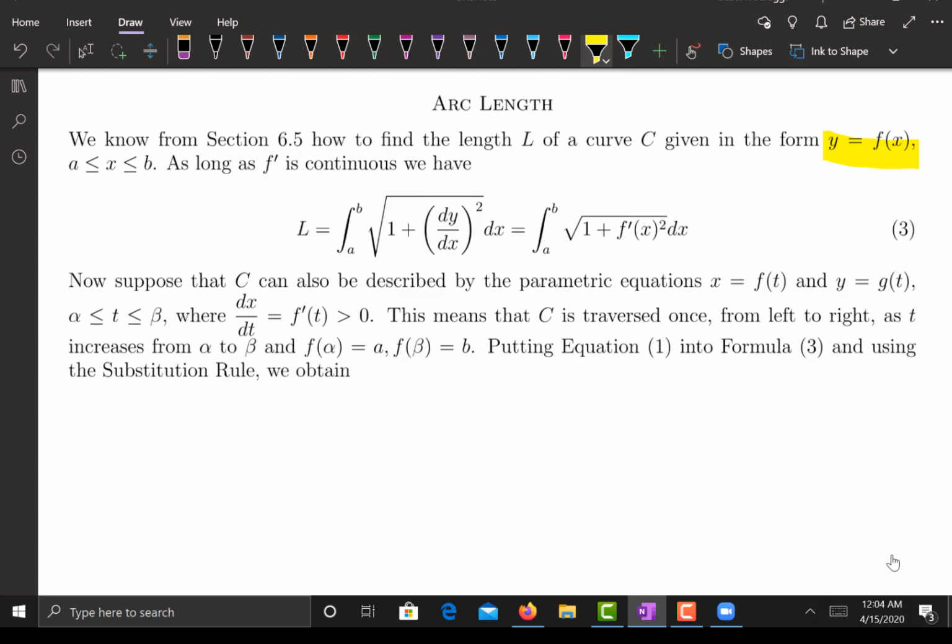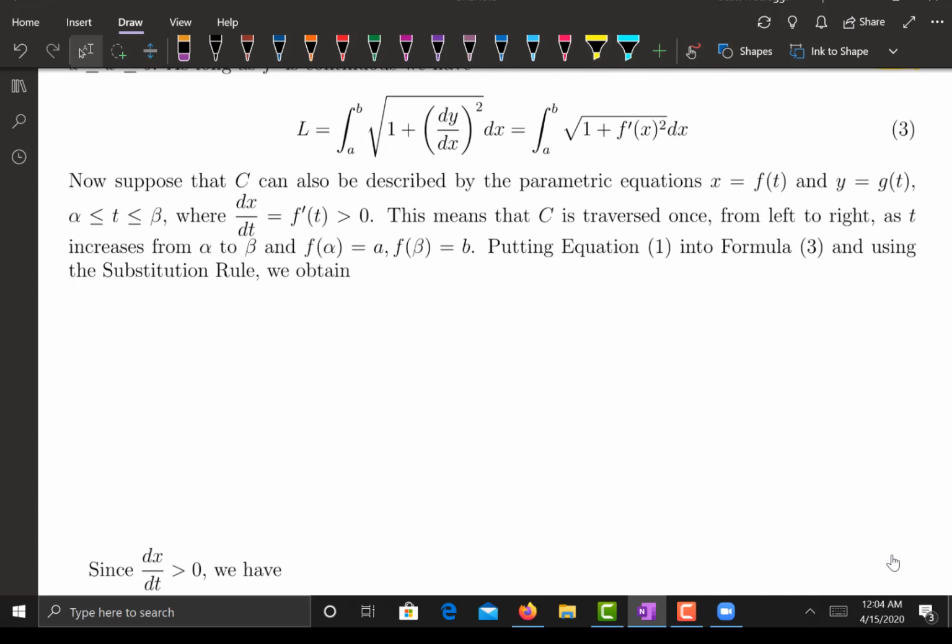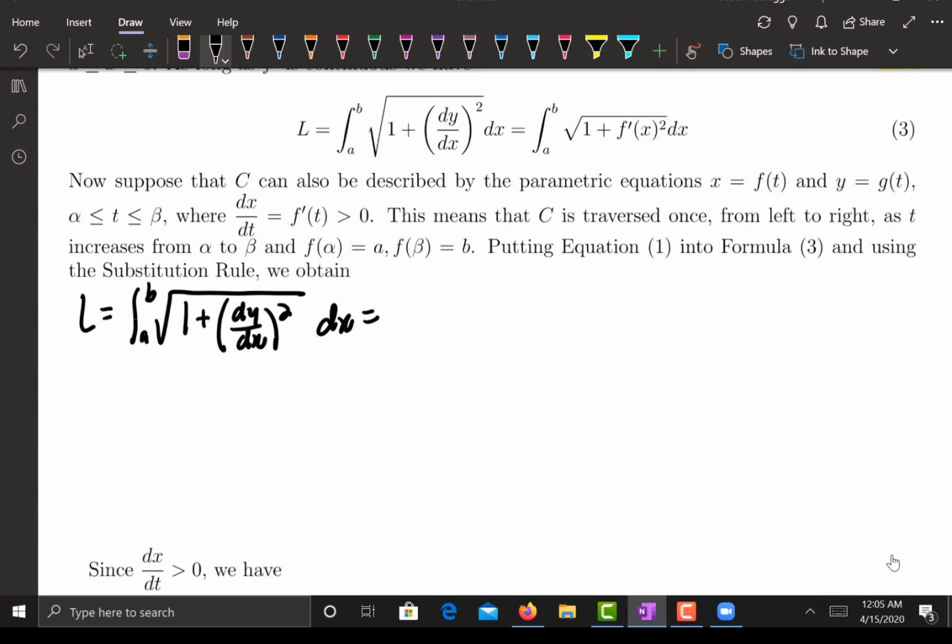I already know what my derivative looks like in terms of parametric equations, and I now know from what we've done before what my integral looks like for parametric equations. So let's combine the two. The arc length L equals the integral of the square root of 1 plus dy over dx squared dx.